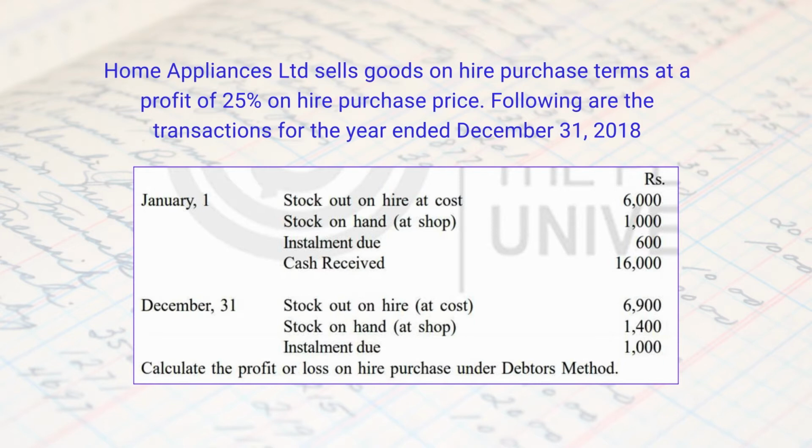Then the items at the end of the year are also provided: stock out on hire at cost, closing stock 6,900, stock in hand at shop 1,400. Installment due, the closing balance, rupees 1,000. Calculate the profit or loss on hire purchase under the debtors method.